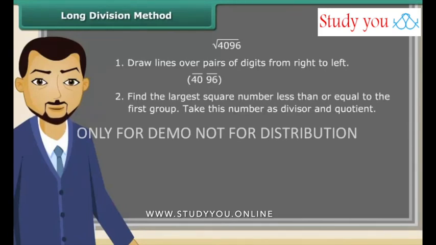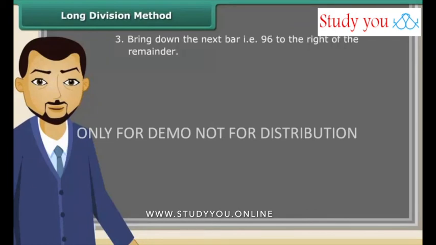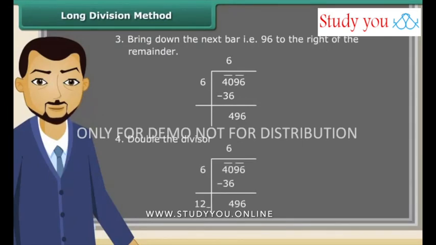Since 36 is less than 40, we take 6 as the divisor and 6 as the quotient. Now subtract 36 from 40. After that, bring down the next bar, that is 96, to the right of the remainder. Now double the divisor.